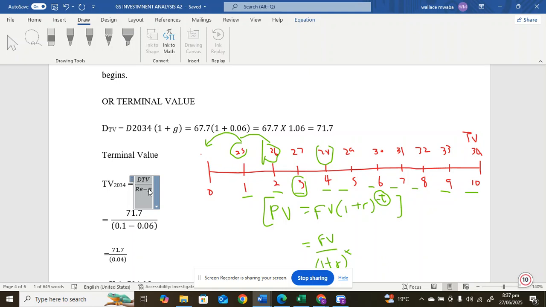So this is one point I need you to remember: the way we get the terminal value is the same way you calculate the value of a share with a dividend with a constant growth rate. So we'll see this formula being used again. Any questions? Have we all understood that part, or should I repeat myself?